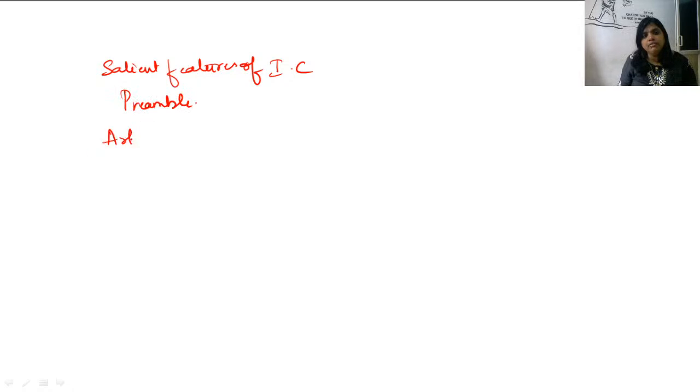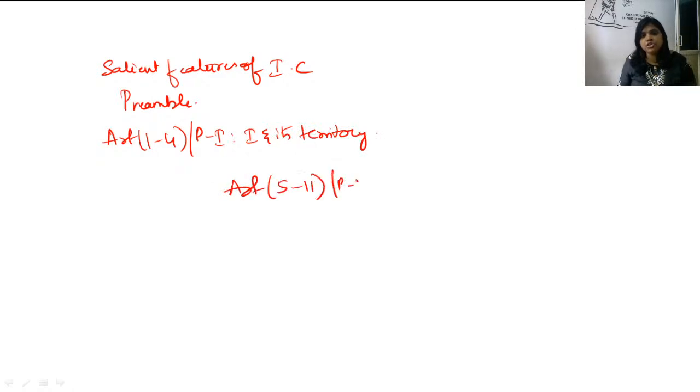And today we have completed Article 1 to 4, Part 1, that is India and its territory. In the next class, the next session is Article 5 to 11, Part 2, where we will be discussing citizenship.